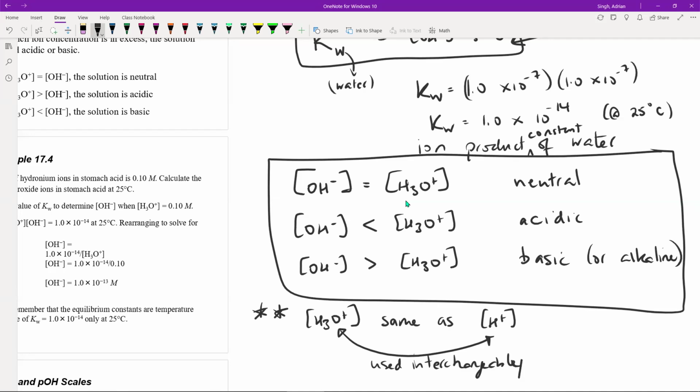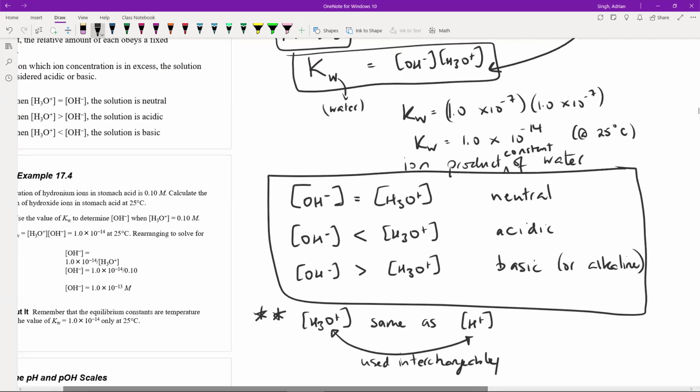So I will use them interchangeably as well. They mean the same thing, right? You'll see that in your textbook also. So if we have our OH minus and H3O pluses, we can compare their concentration to define or describe our solutions. So let's take a look at an example involving some calculations.